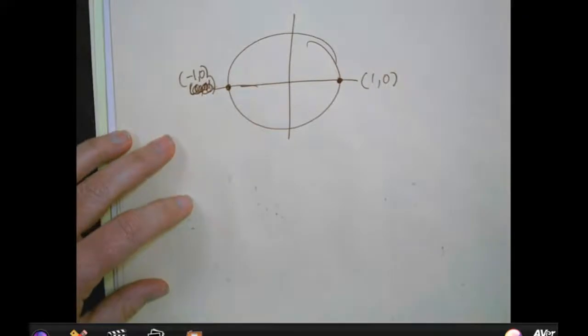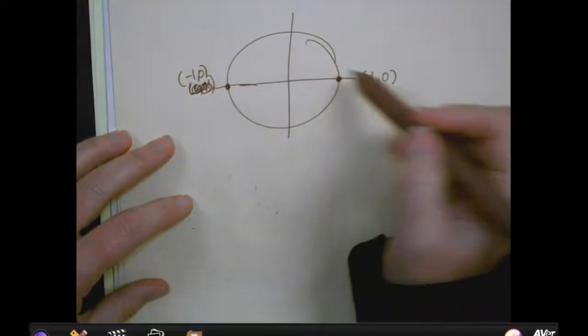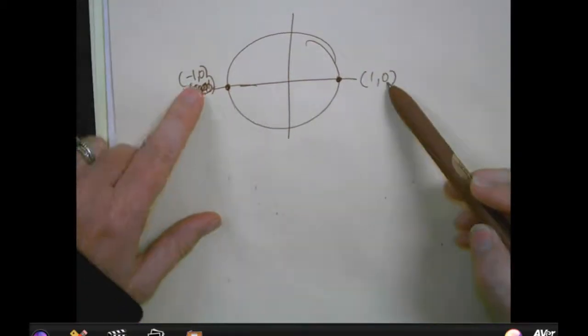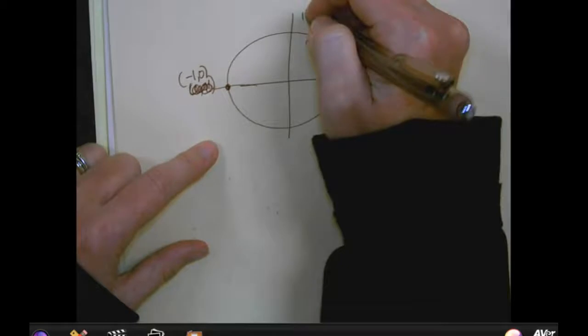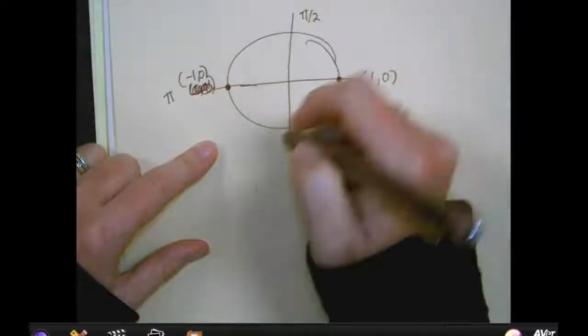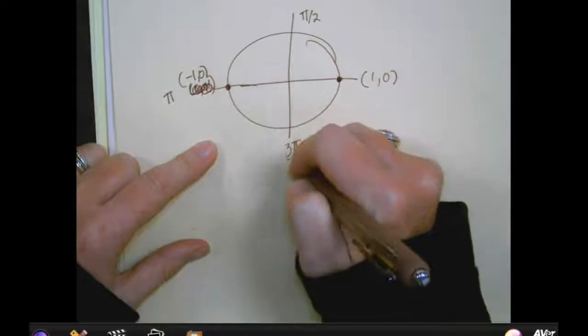All right. So if I pick these 2 points, do I get any sine points? What's the sine on both of these? 0. So I can't just pick these 2 points. So at this point, this is pi over 2. And this is 3 pi over 2.